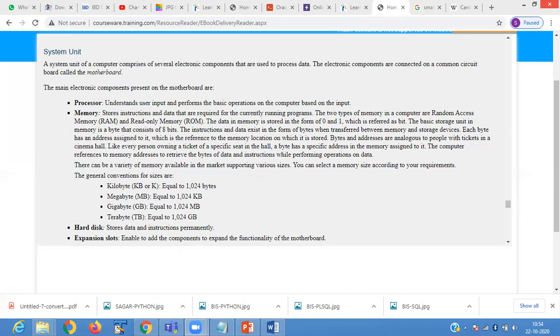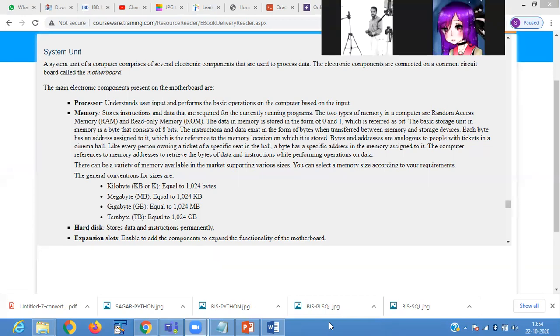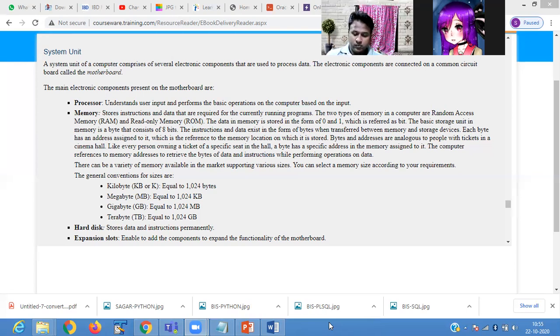Next point, a register is a special memory unit to hold the information on a temporary basis inside the CPU. Inside the CPU, these constitute a register.